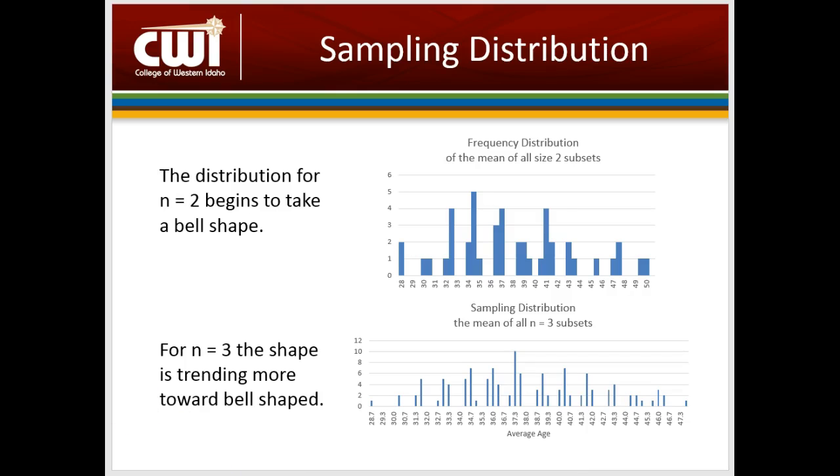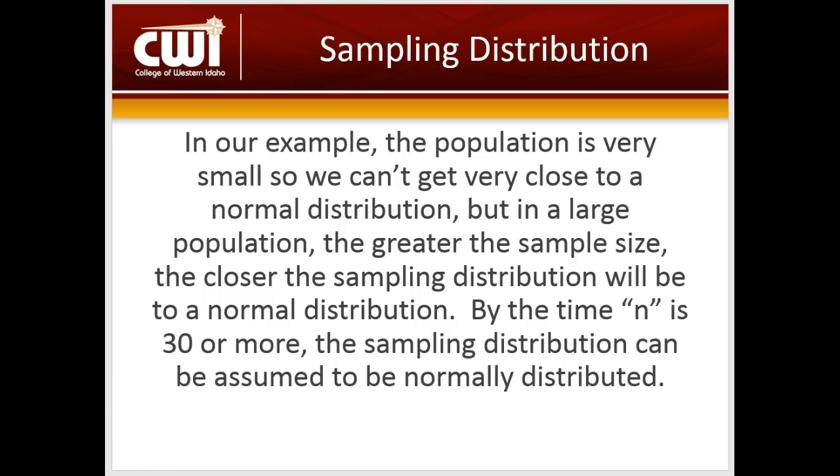When we compare the n equals 2 and n equals 3 sampling distribution, we can see that the n equals 3 distribution is more symmetrical and closer to a bell shape. In this example, the population only has 10 members, so we will not get very close to a normal distribution.